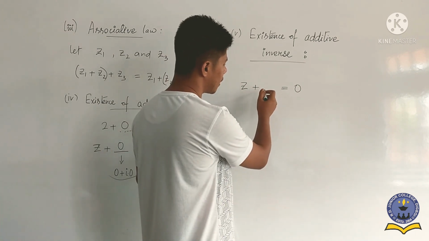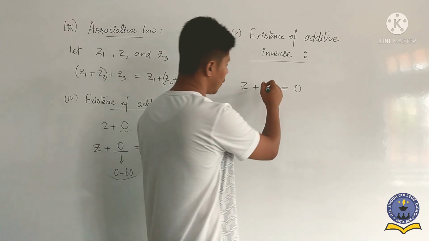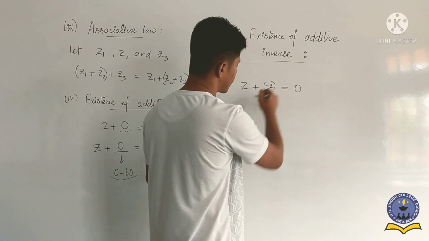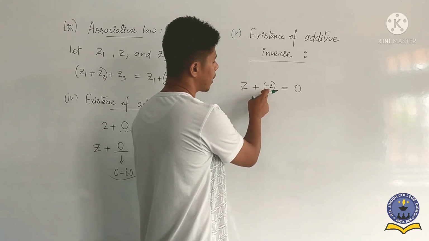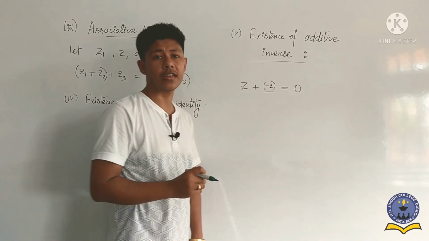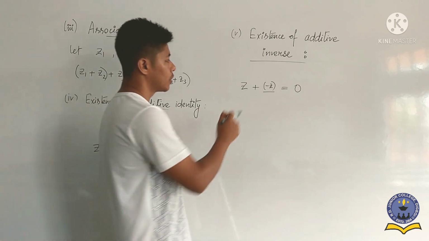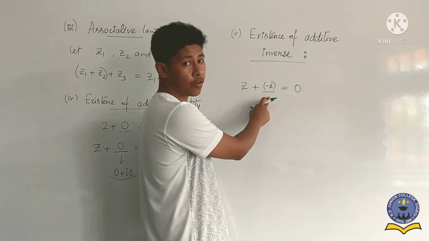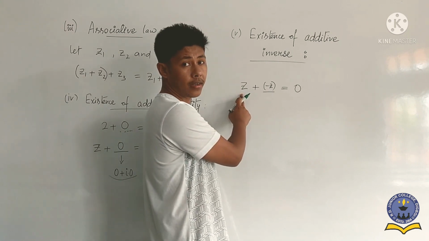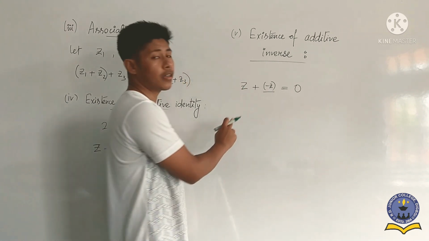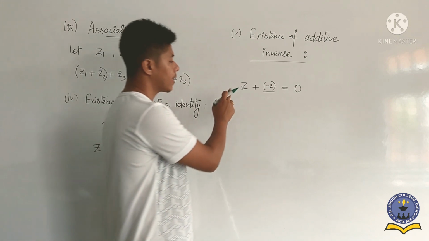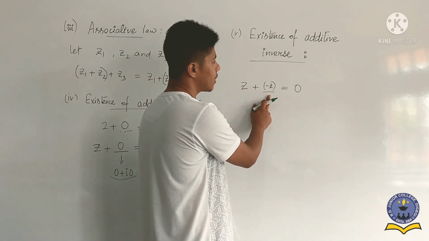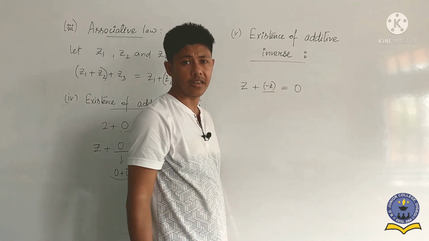Obviously we have to put minus of z, because z plus minus of z gives the result 0. So this minus of z is known as additive inverse for this z. Z is a complex number, and for this z, minus z is known as additive inverse.